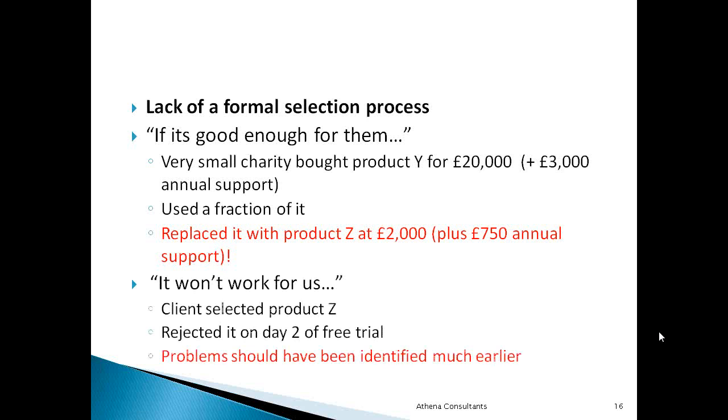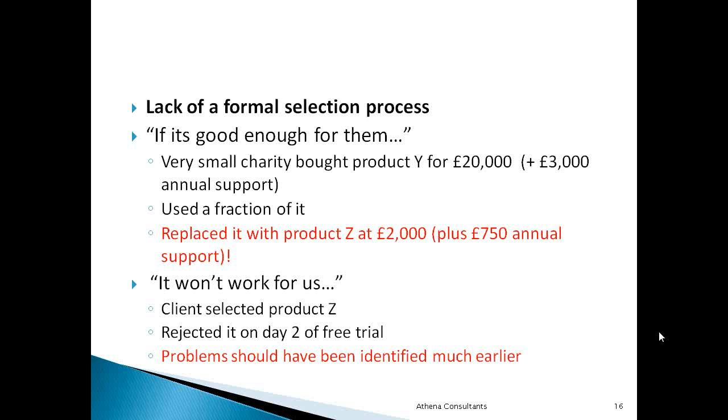Then this one, quite interesting. When the client actually selected a system and talked the supplier into a 30-day free trial, on day 2 they rejected it and said, no, it won't work for us. Some people might say, well, that's a success because they had a free trial and they didn't end up buying it.